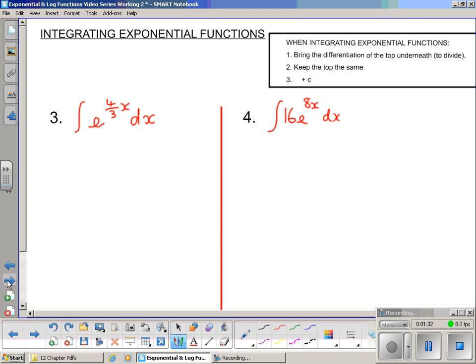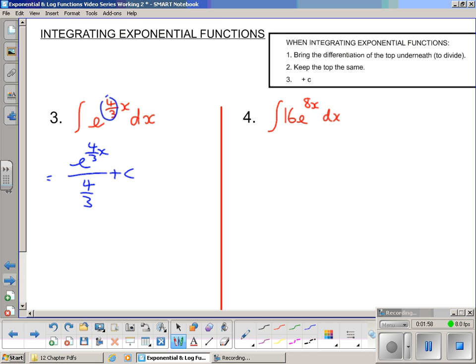Okay, we've got e to the 4 over 3x here. So the differentiation of the top is 4 over 3x. So we'll get e to the 4 on 3x over 4 on 3 plus c.